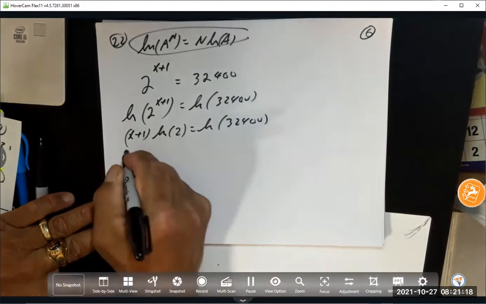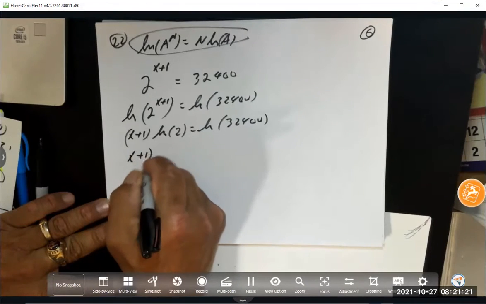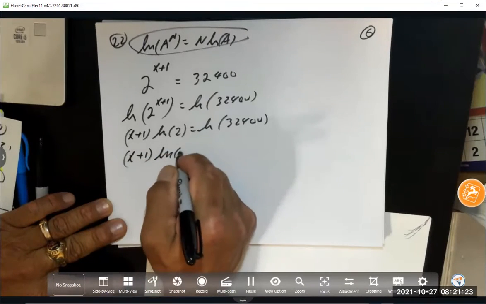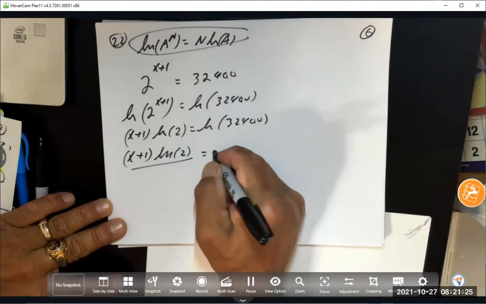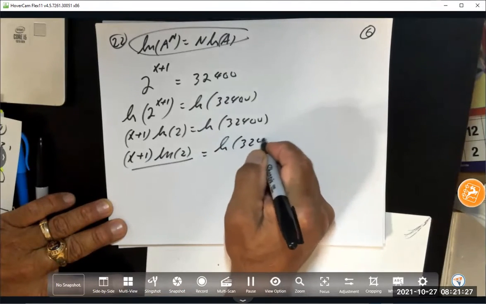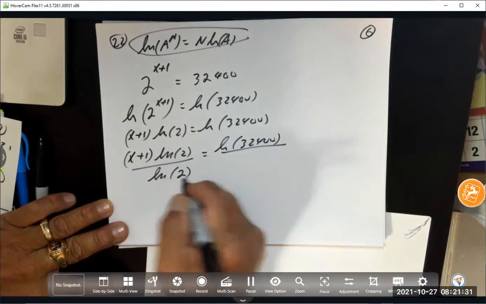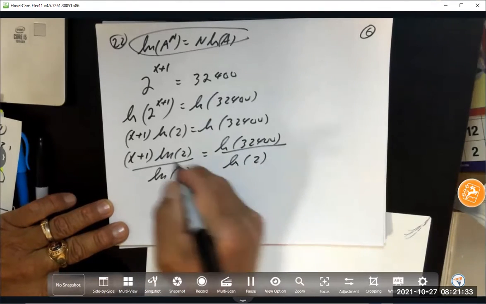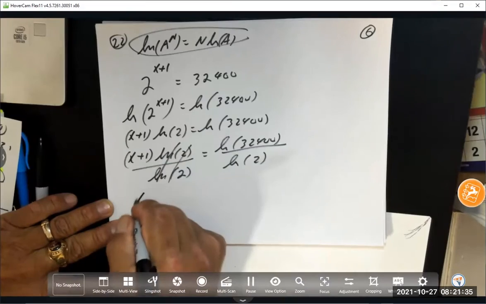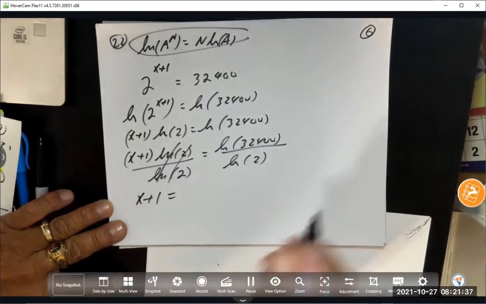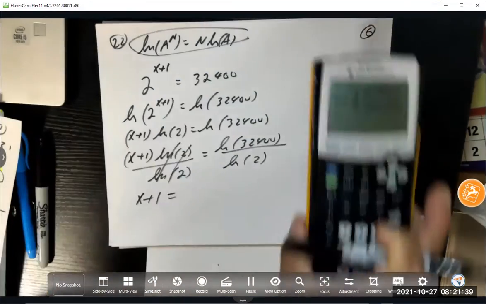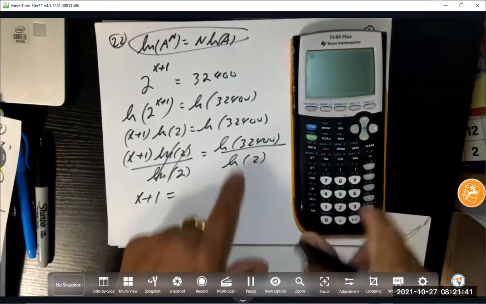All right. So I'm going to divide by, and you're going to tell me what to divide by. What do you think I divide by? Log of 2. Exactly. Log of 2 there. Log of 2 there. I know these guys are gone. So x plus 1 is, I don't know, calculator business. The machine now.